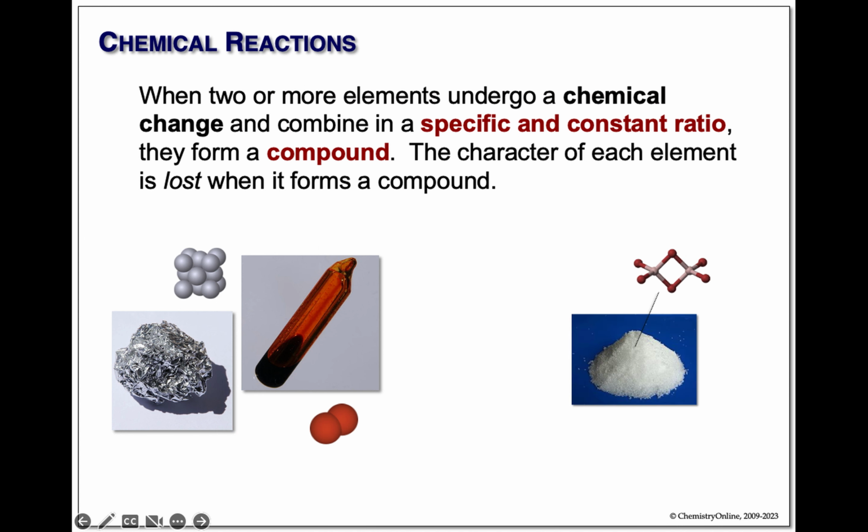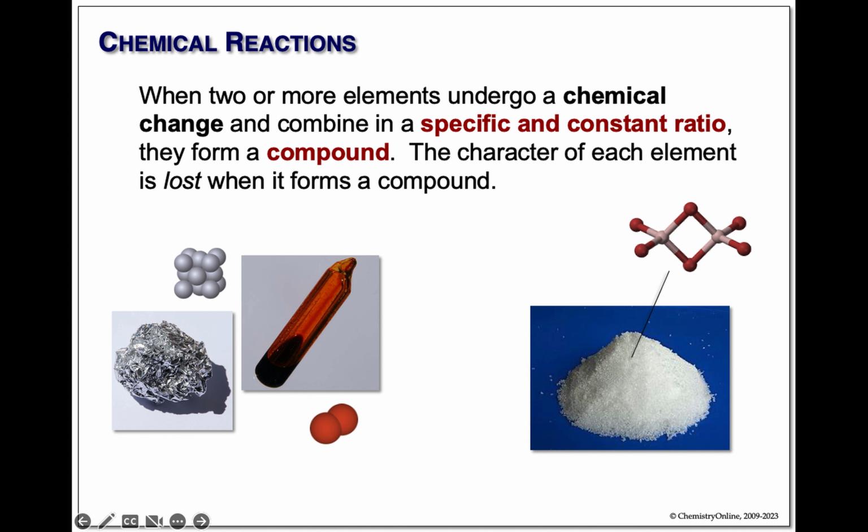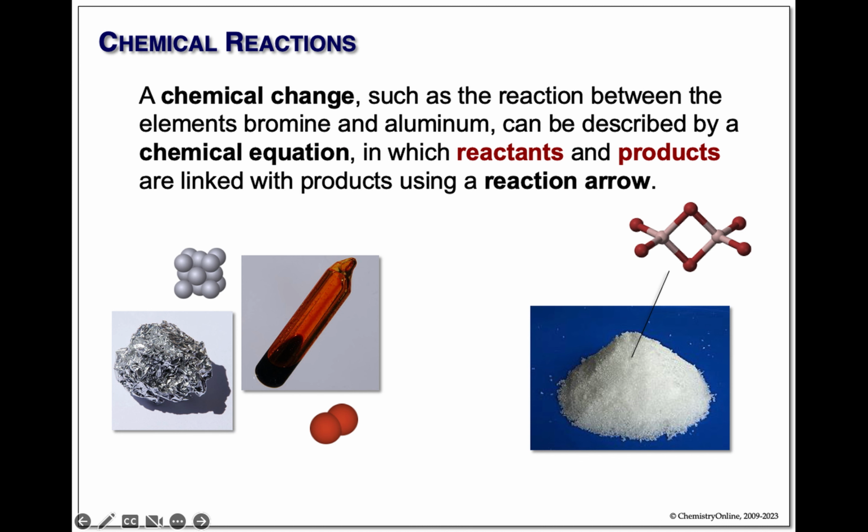Chapter 5, chemical reactions. We've seen this slide many times. Aluminum plus bromine makes aluminum bromide. This is the chemical change. These combine in a specific and constant ratio to make a compound. We show this using a reaction arrow that links reactants and products.